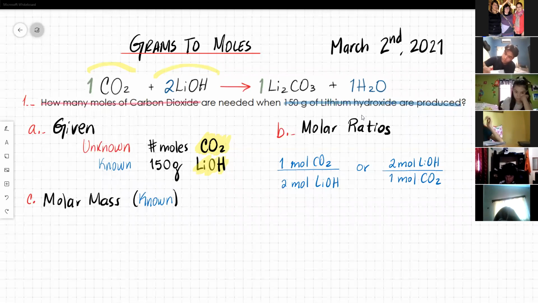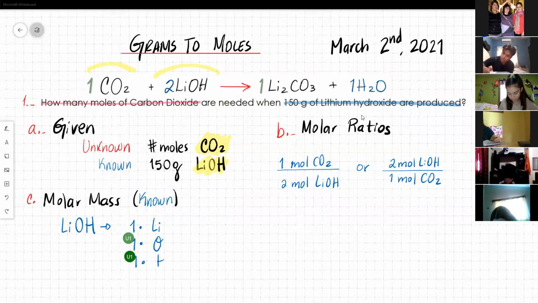The molar mass of the known is, well, the known substance is LiOH. And the molar mass is going to be composed of one atom of lithium, one atom of oxygen, and one atom of hydrogen.